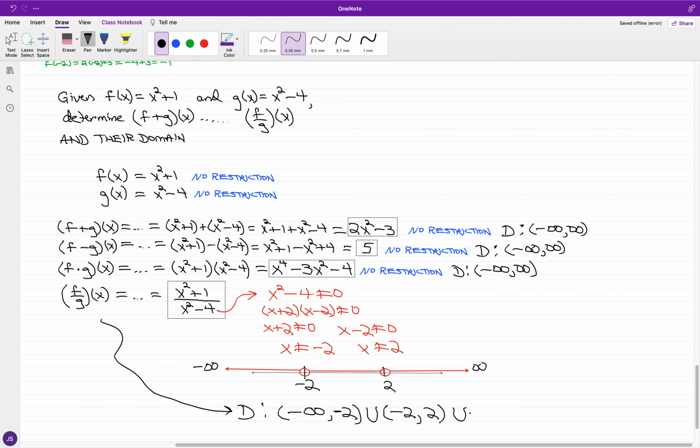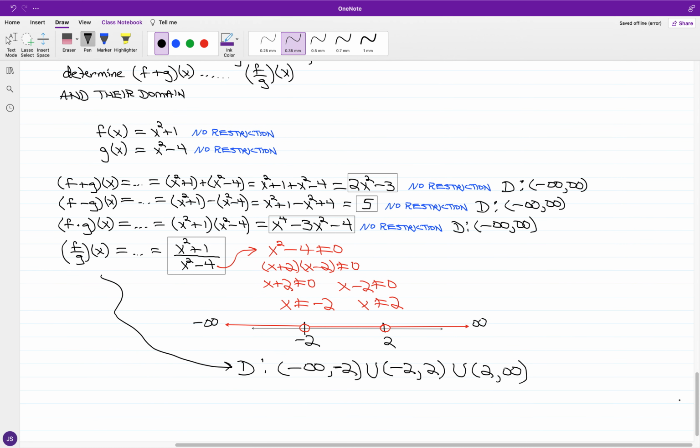And the rest of the set will be those values of x greater than 2. Okay. So again, we have the quotient function to be the odd man out. For the quotient function, we have not all real numbers for the domain, but all real numbers excluding -2 and +2.